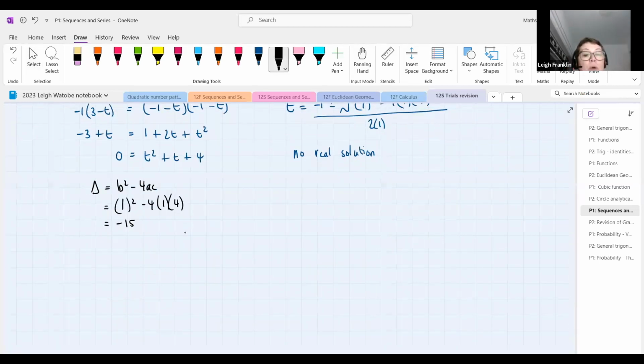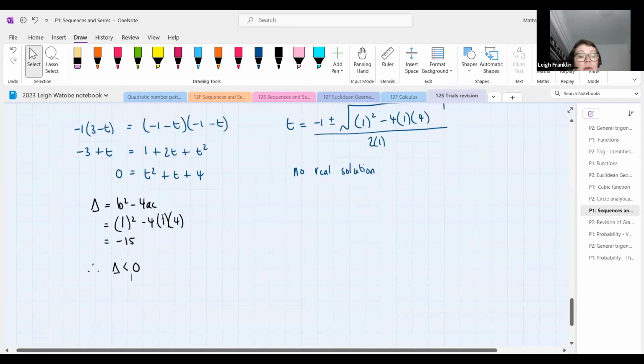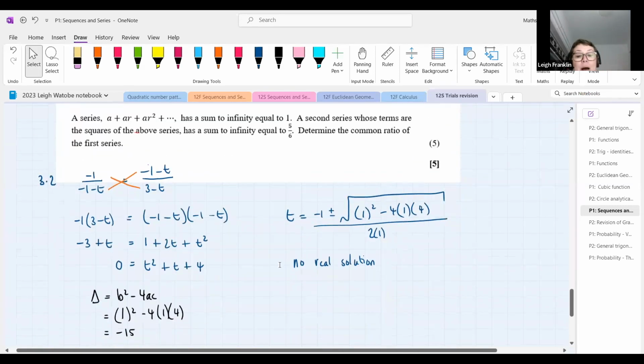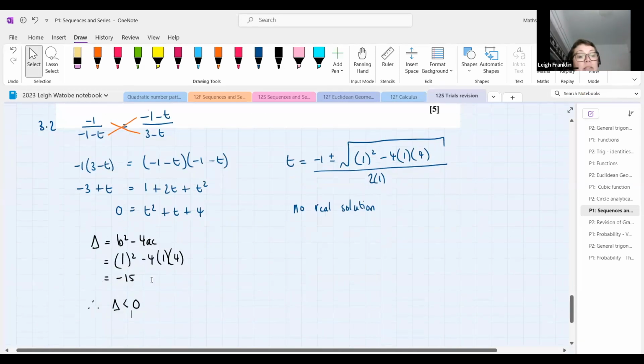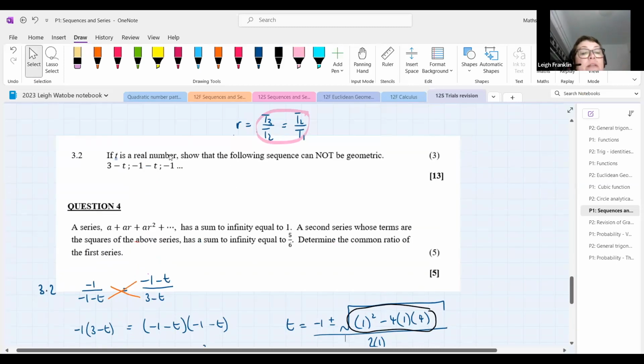Okay, so therefore delta is smaller than 0. Okay, and because they told us that t has to be a real number, if delta is smaller than 0, what it means is that inside our root over here, we have got a negative number. Okay, which we can't have because they told us that t is real.